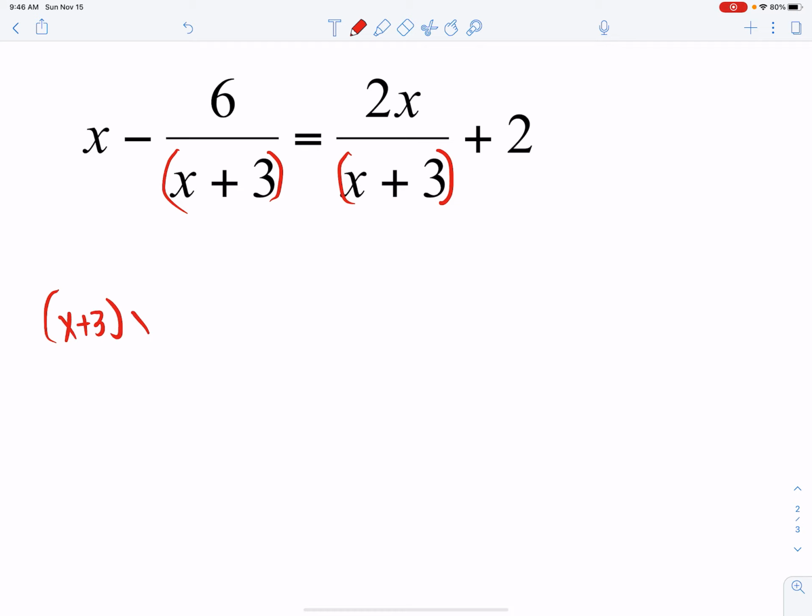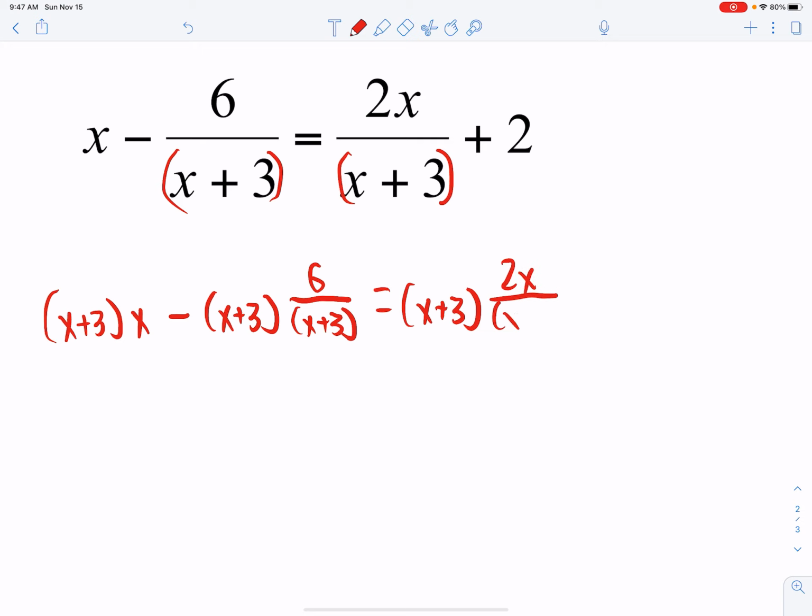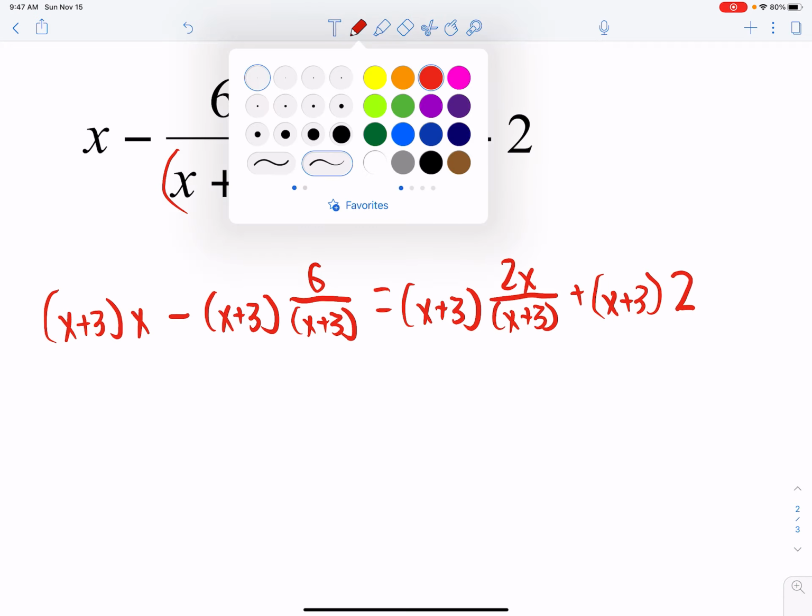X plus 3 times x minus x plus 3 times 6 over x plus 3 equals x plus 3 times 2x over x plus 3 plus x plus 3 times 2. We multiply every term in the problem, whether it's a fraction or not, by that common denominator.